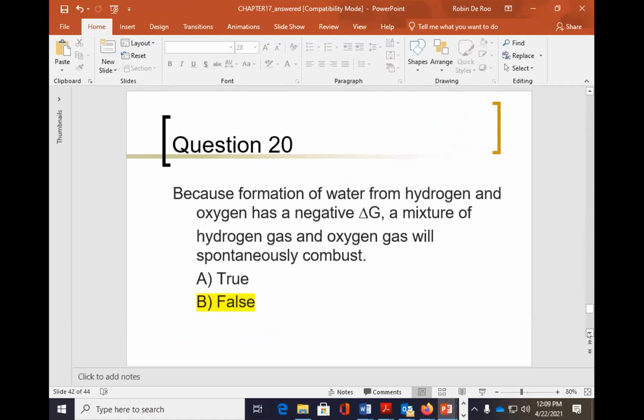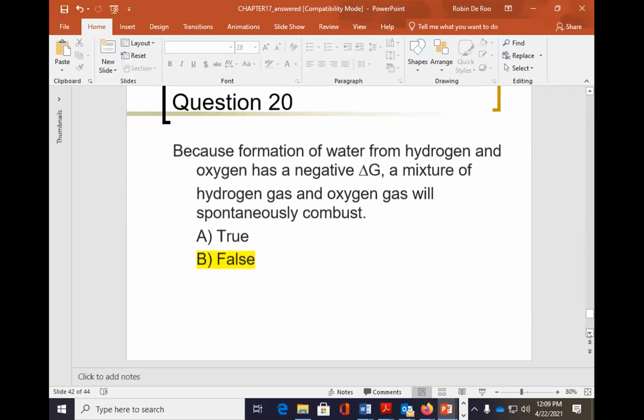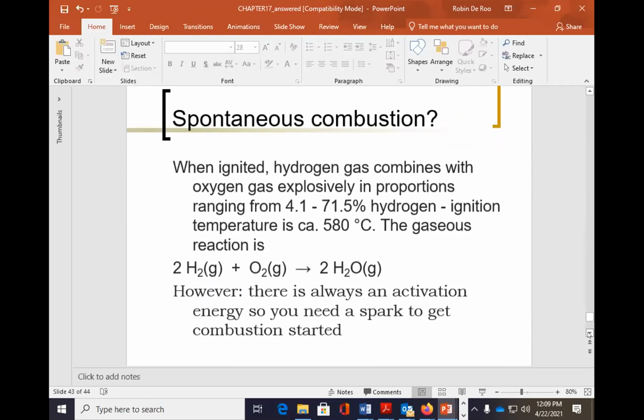So this one I will show you the why. This is the why. But look at the ignition temperature. So it's saying you need a spark.